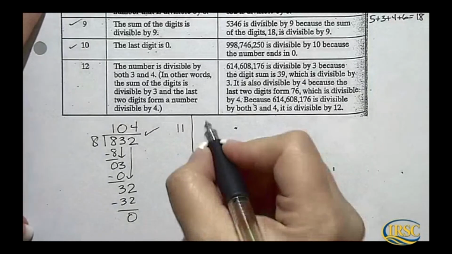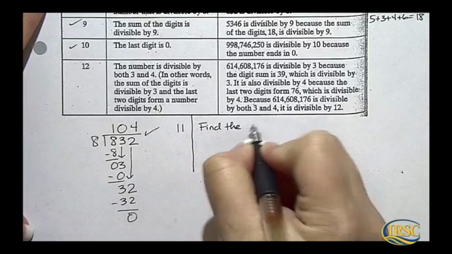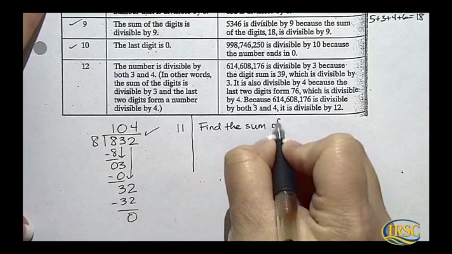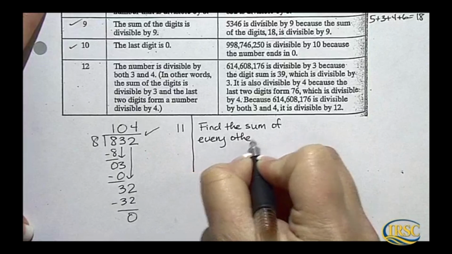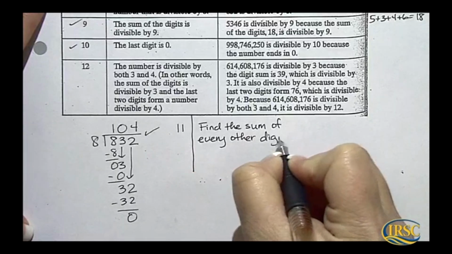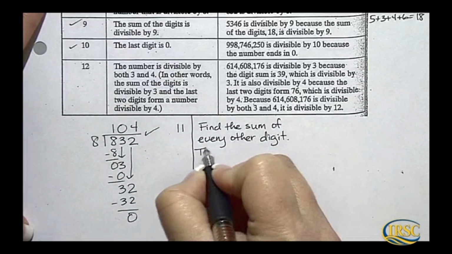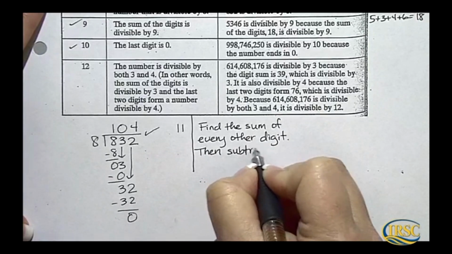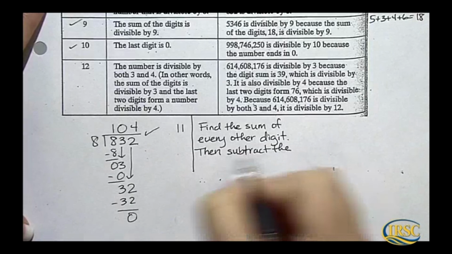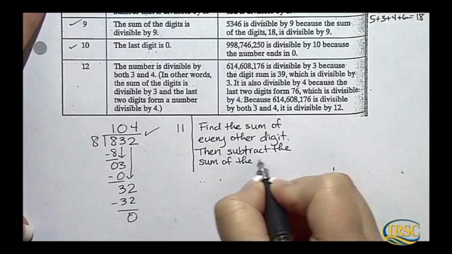So find the sum of every other digit, then subtract the sum of the remaining digits.